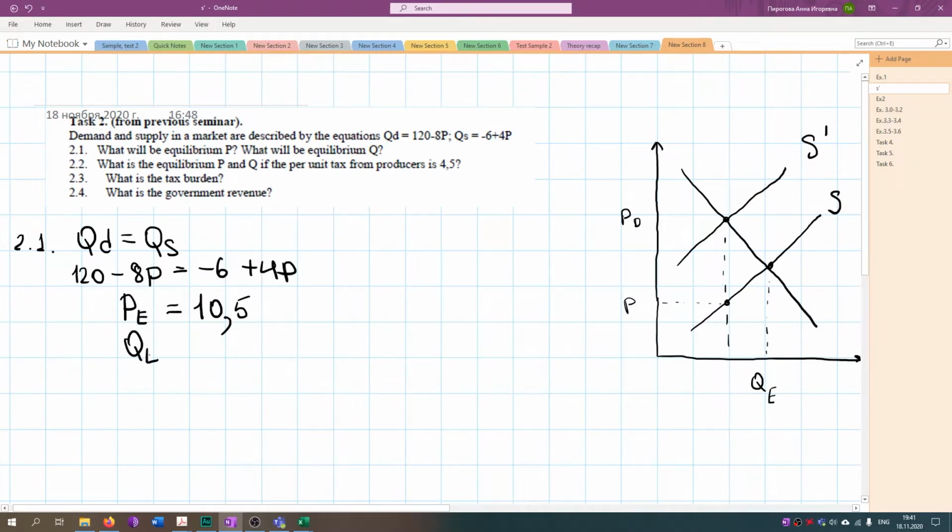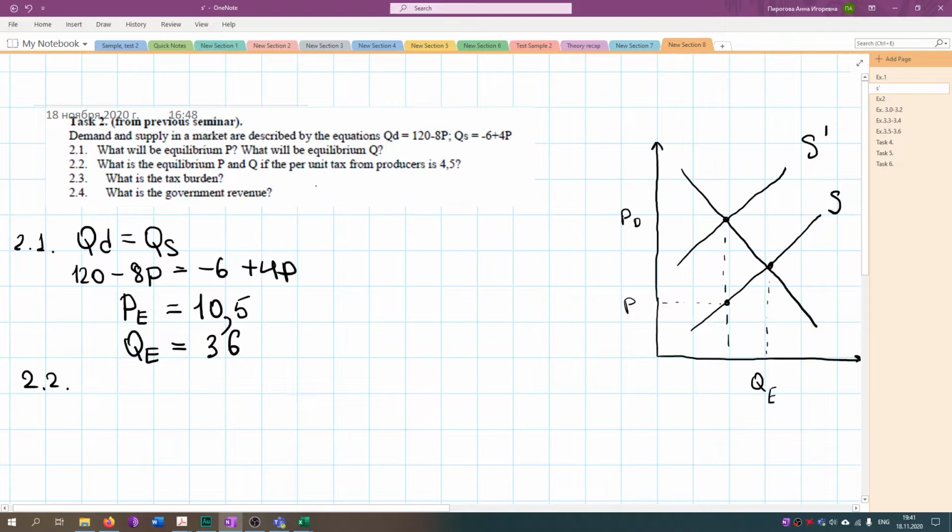And quantity equilibrium we get by inserting our price in any of these equations. So our quantity will be equal to 36. Now let's move to the next task.